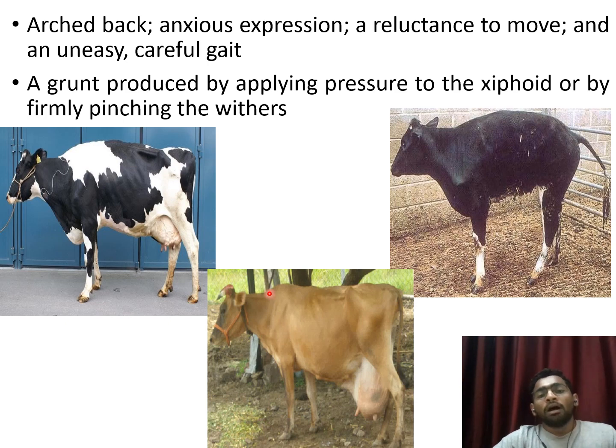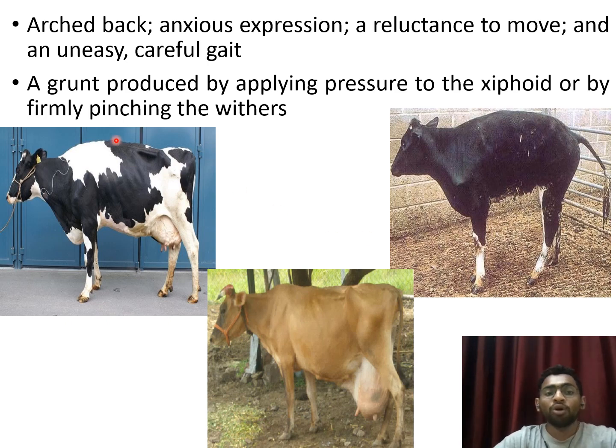But when you apply pressure on the withers of the TRP affected cow, it is not able to move down because of the pain. It starts kicking, or shows other uncomfortable symptoms.